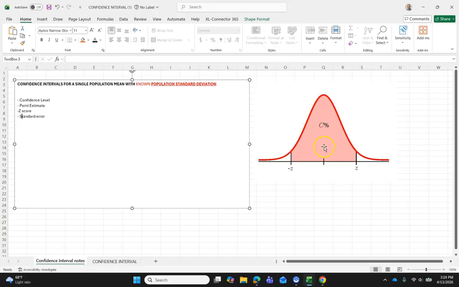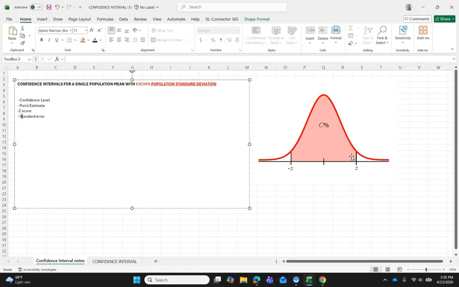So the middle probability, or the probability at the center, is what we call confidence level. We're going to show what it means by confidence level. This confidence level, or this area at the center, is by default a 95% confidence level.